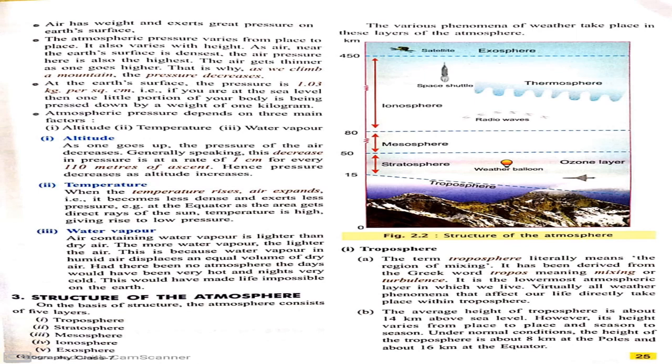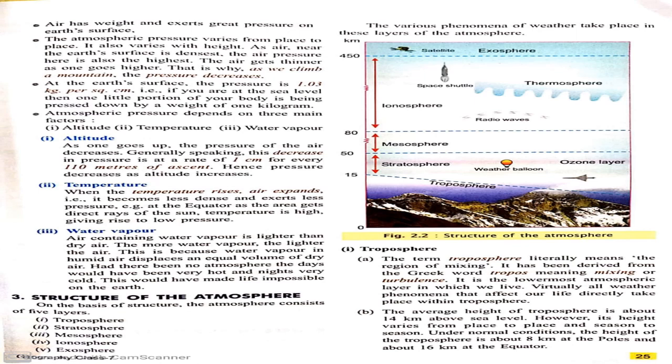So here we need to understand that air containing water vapor is lighter than dry air. So if the air contains water vapor, then it is lighter than the air which does not contain water vapor.